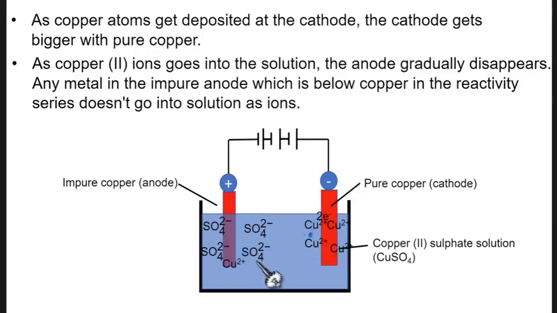Since it has lost that electron, it will come here. This one is going to join, so this one will continue becoming big. Again an ion will be formed, it will travel, join with that, and form an atom. This one will become big, this one smaller.